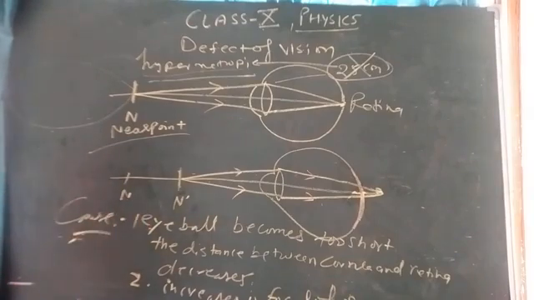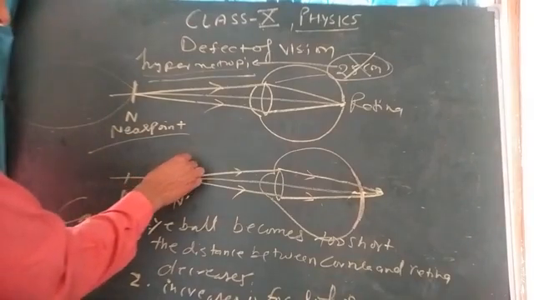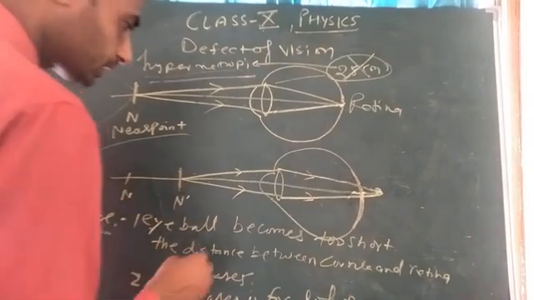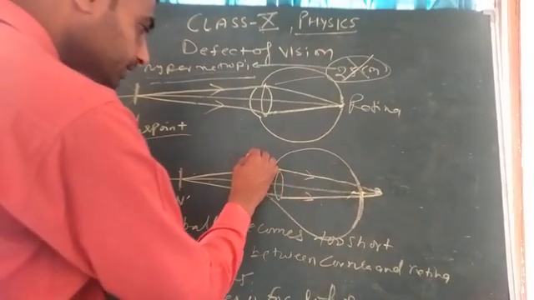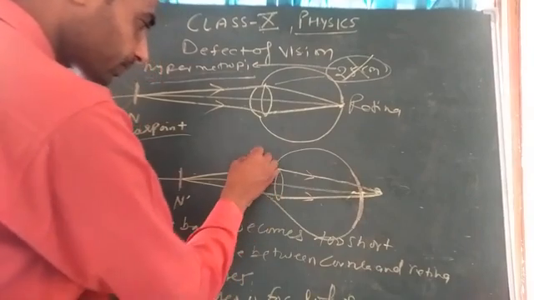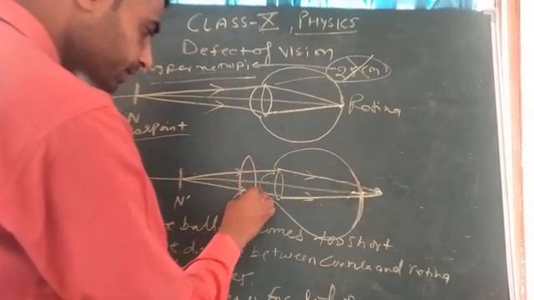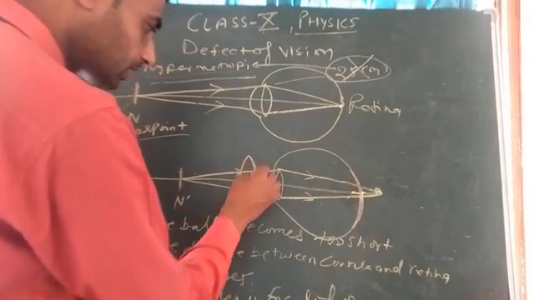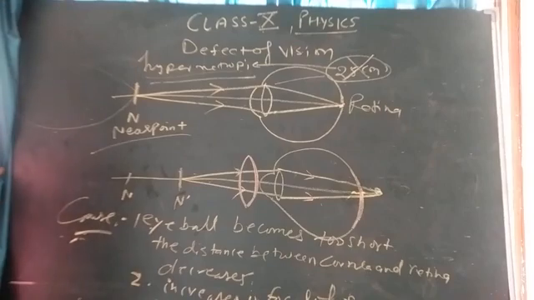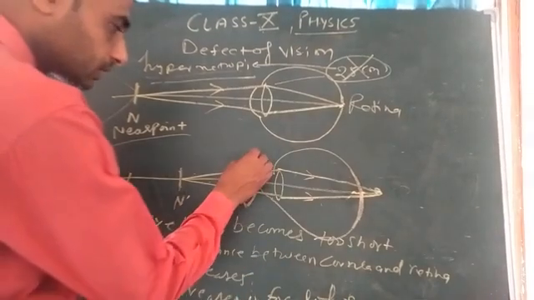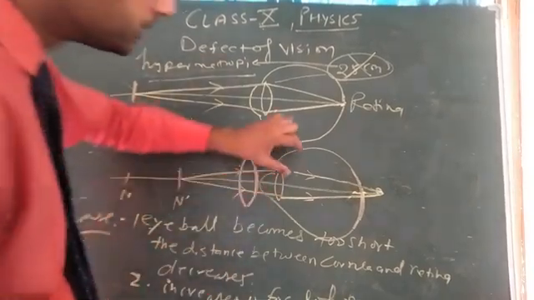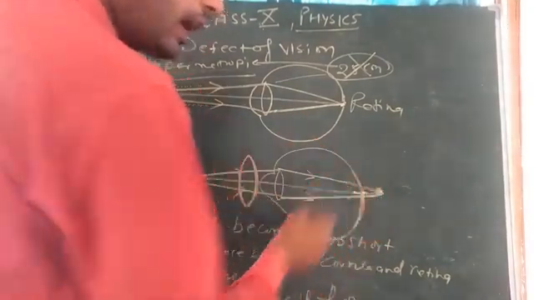So how can we correct this defect? The correction may be, if an external lens is used, it means we have to wear glasses which consist of a lens which converges the rays of light on the retina.